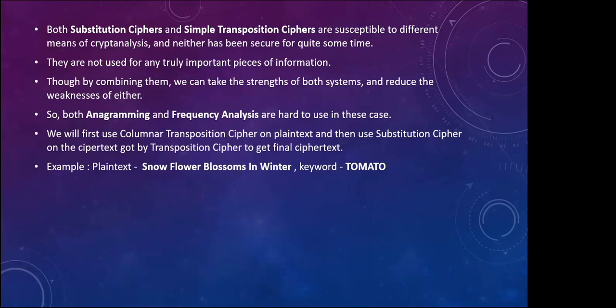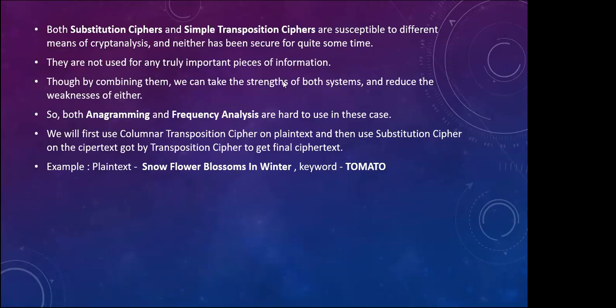As we know, the simple substitution cipher is also not very secure, since using frequency analysis one can easily understand which letters are used to replace letters in the plain text, so it becomes easier to decrypt.